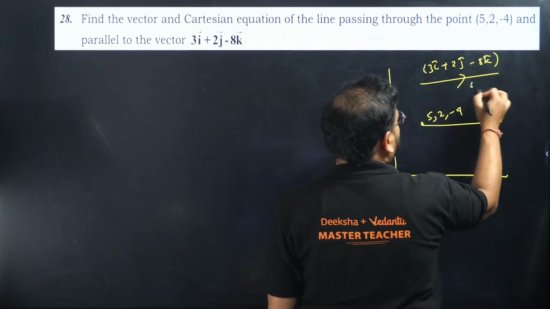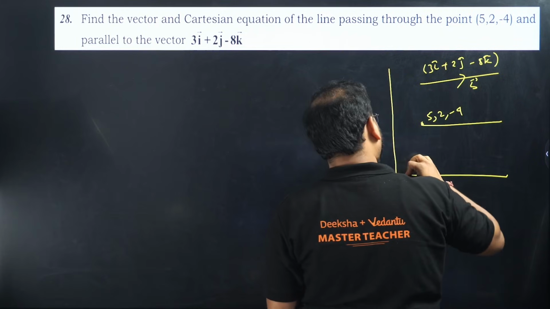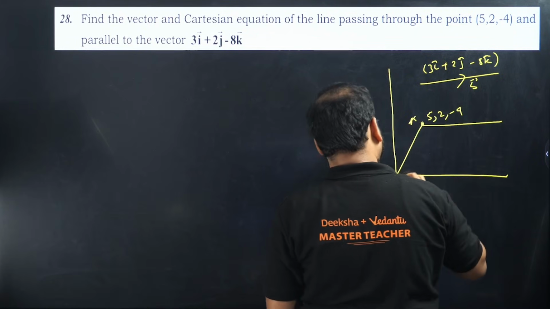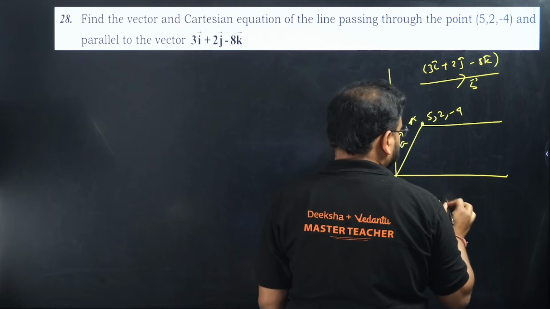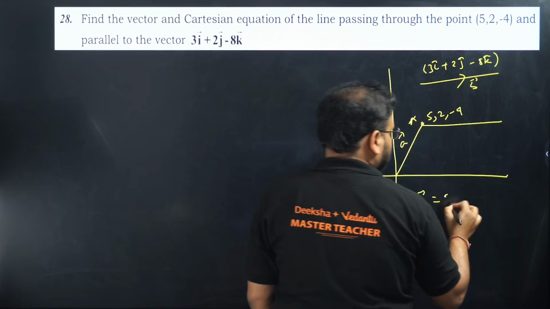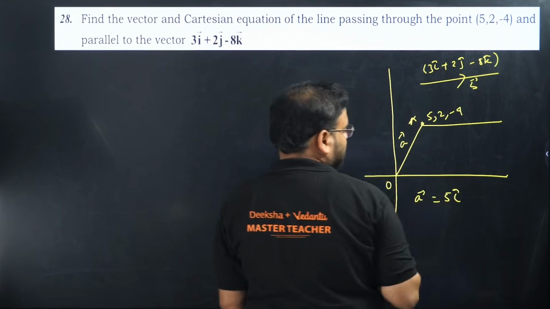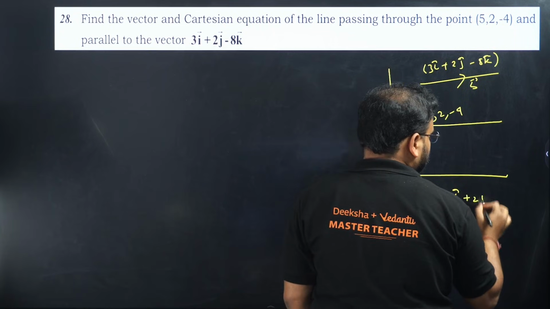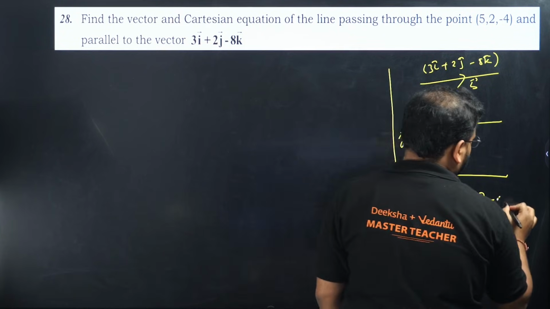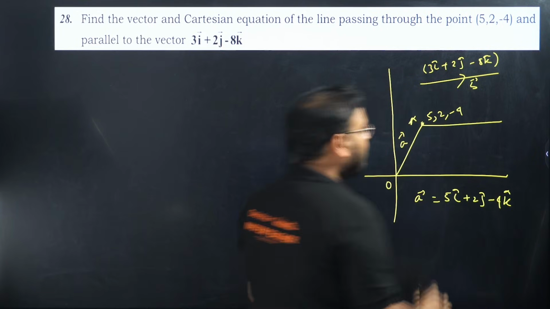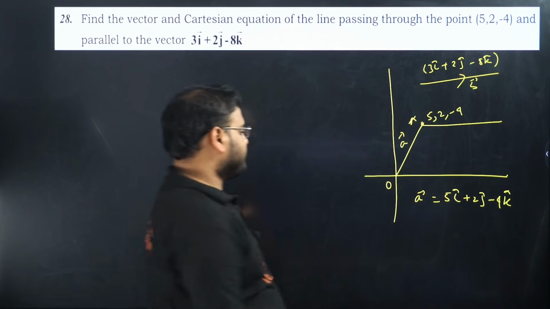This is vector B actually. And this is the point A, this is the vector OA or vector A. Vector A is given by what? 5 minus 0 is simply 5, so 5i cap. 2 minus 0 will be what? 2j cap, and minus 4 minus 0 will be minus 4k cap. Correct, no?